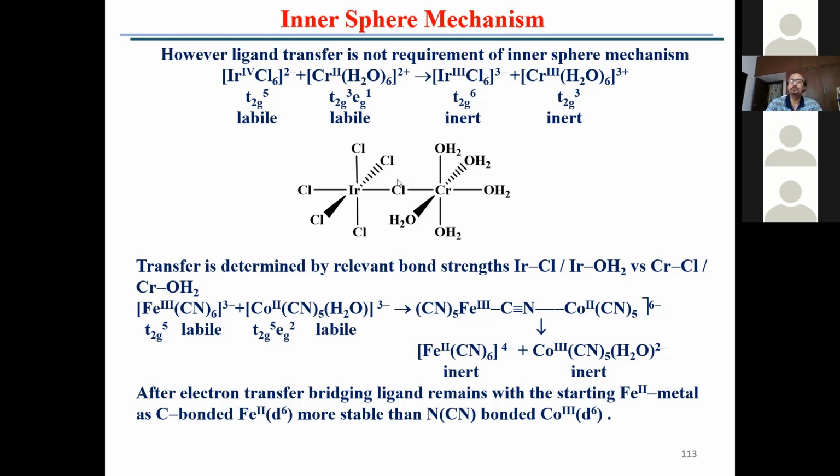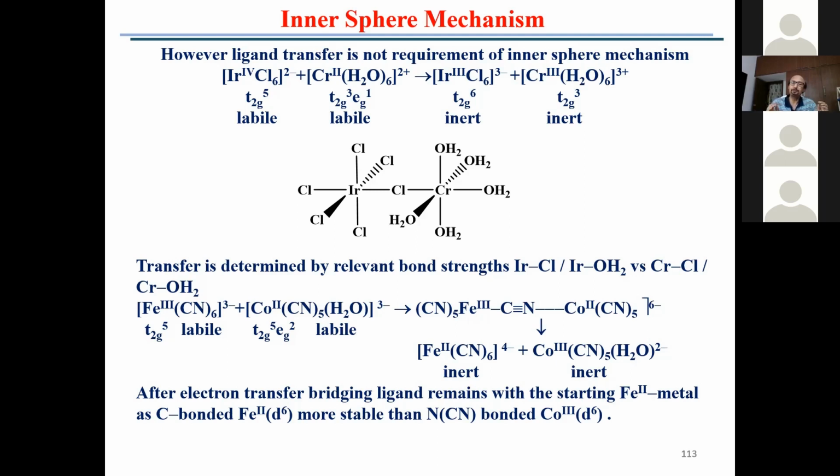So it prefers to stay back over here. First point. Second point is you don't see any hydrolysis over here, because of the inertness. So the inner sphere mechanism one needs to understand also from the point of view of the inertness and lability of that compound under that particular oxidation state and spin state.